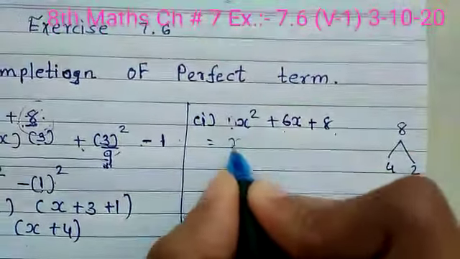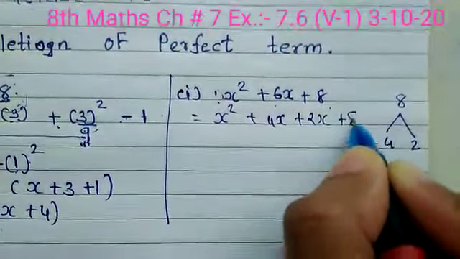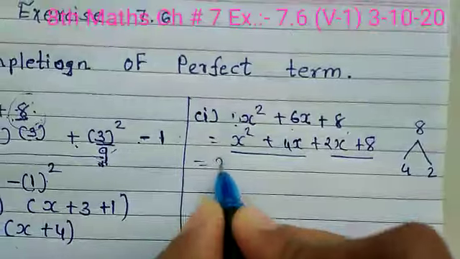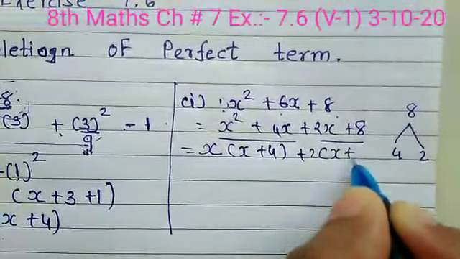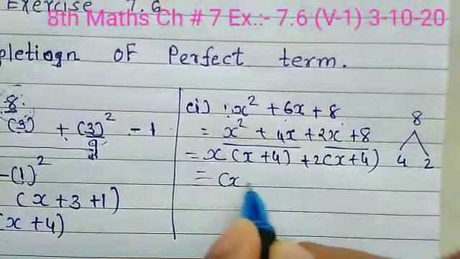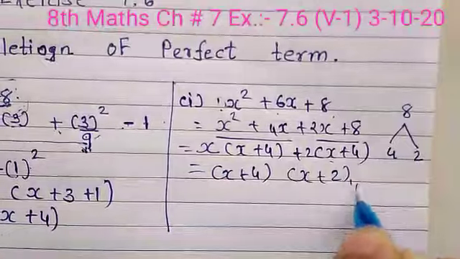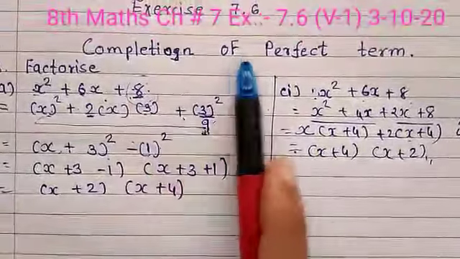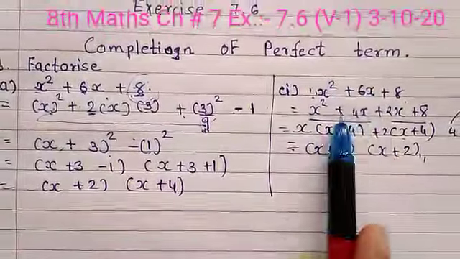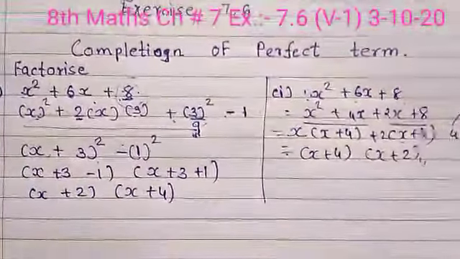So we can write x square plus 4x plus 2x plus 8. So x is common, x plus 4, and here 2 is common, remaining x plus 4. So we can write x plus 4 as a common factor, and x plus 2 is the remaining one. You will get the same answer, but here it is the completing of squares, and this is the method of splitting the middle term, right?